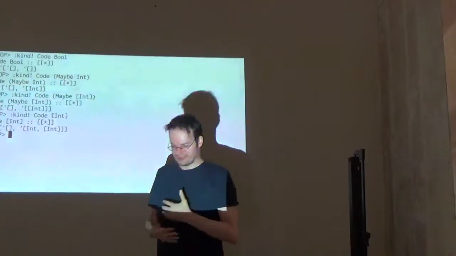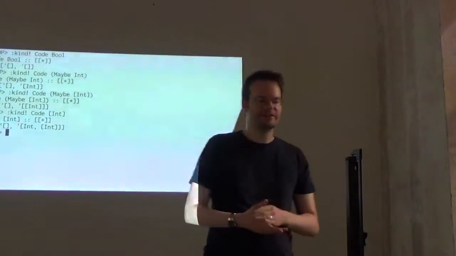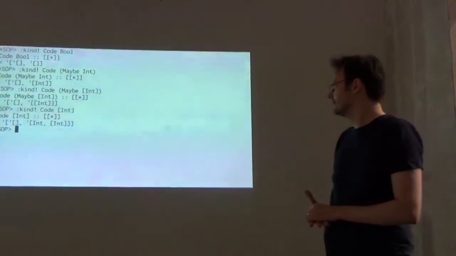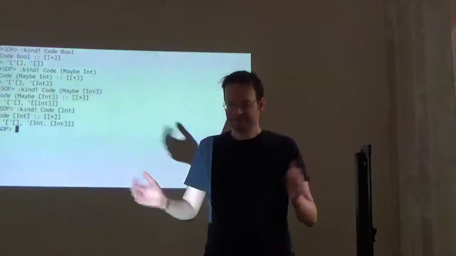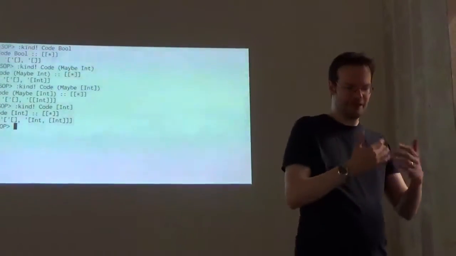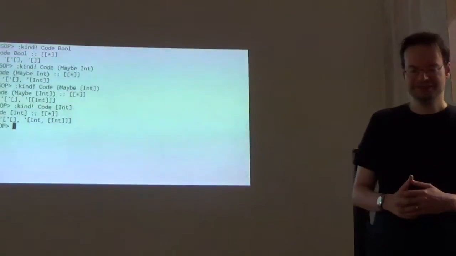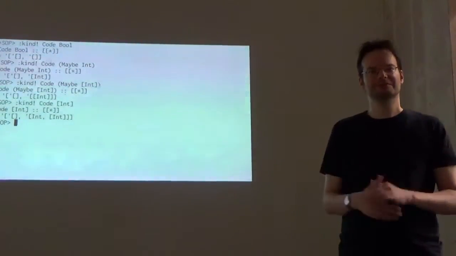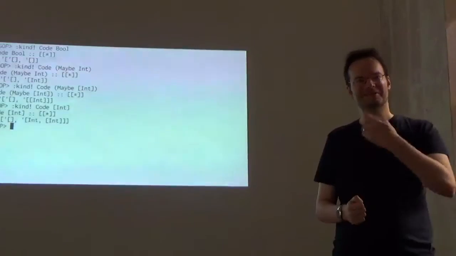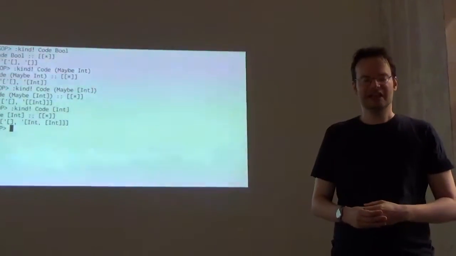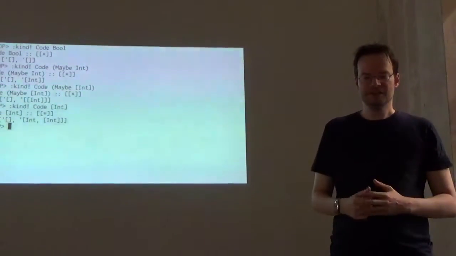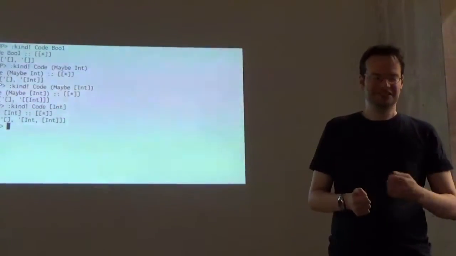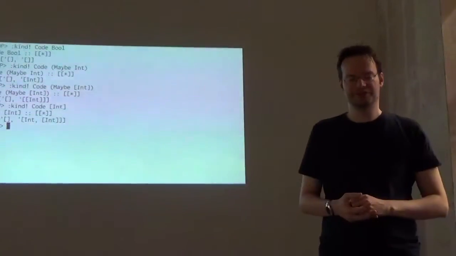Okay, so these are the codes, and then essentially we have two sorts of data structures in generics-sop: sums and products. If you have a type level list, something like apple, oranges, and bananas, and you have a product, then you have to provide one of each, right? You have to provide an apple and a banana and an orange. And if you have a sum, you have to choose one. So you have to provide either an apple or a banana or an orange.